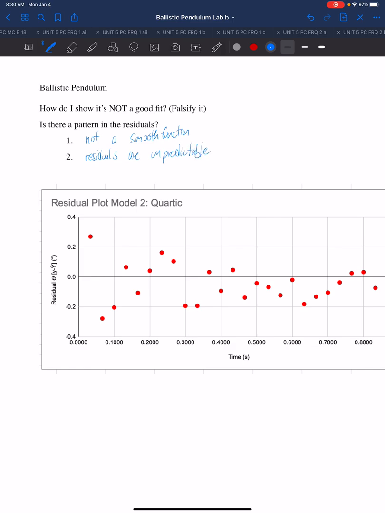So here's the way to test yourself. The way to test if it's predictable or not predictable is to choose 3 points. All right, so let me choose these 3 points. 1, 2, 3. Choose 3 points.